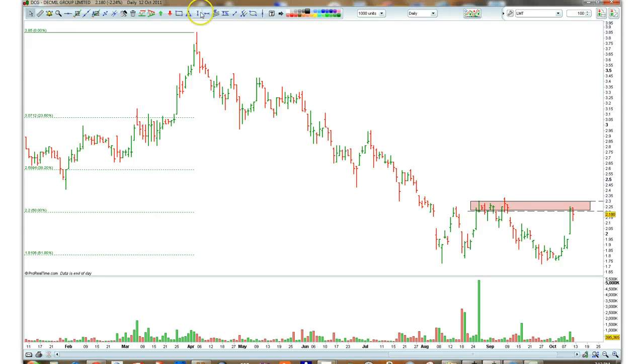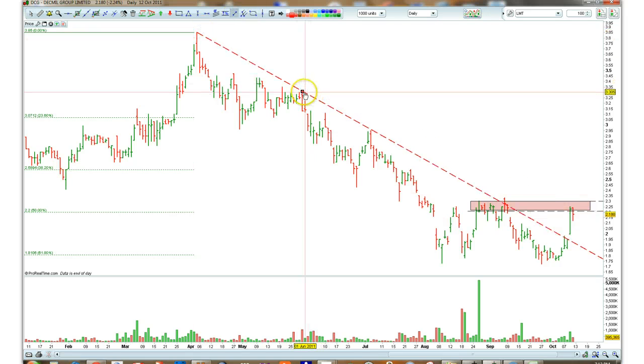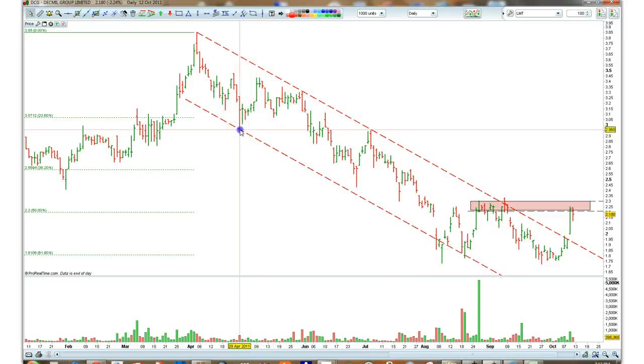Let's just see where we are in the channel. If I connect a couple of lower highs there, a moving low. At least we've moved out of this channel here, moved a bit sideways, so we can mark the low.